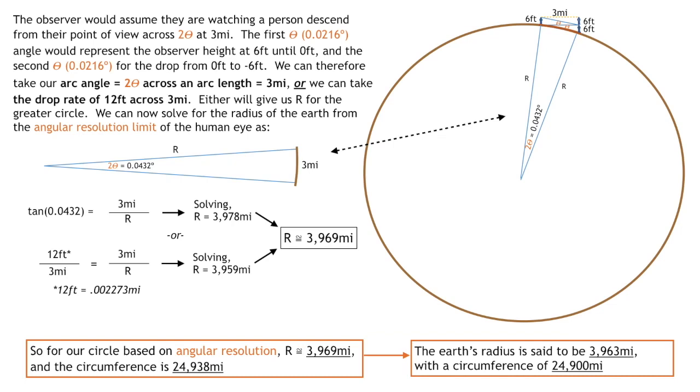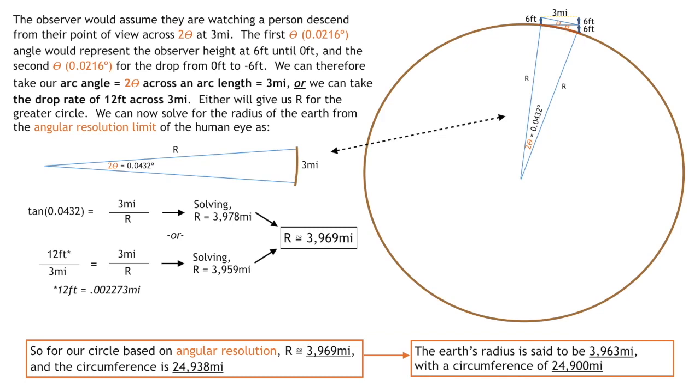We can now solve for the radius of Earth from the angular resolution limit of the eye as our segment here with r along the radius, or along the one aspect of the triangle, and 3 miles as our opposite end, and the angle being across 2 theta, which is 0.0432 degrees. That will give us one number, and the alternative is to use the ratio of 12 foot over 3 miles is equal to 3 miles over r.